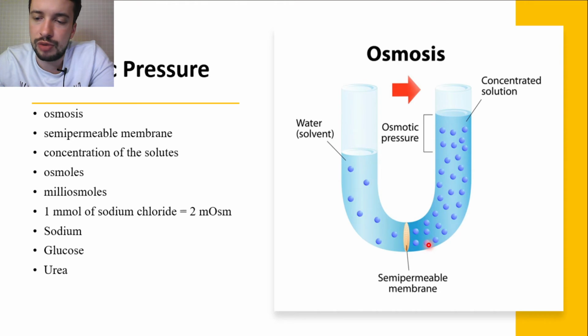The movement is determined by the concentration of the solutions on each side of the membrane. Osmotic pressure is measured in units of osmoles or milliosmoles that refer to the actual number of osmotically active particles. For example, 1 millimole of sodium chloride contributes 2 milliosmoles, one from sodium and one from chloride.